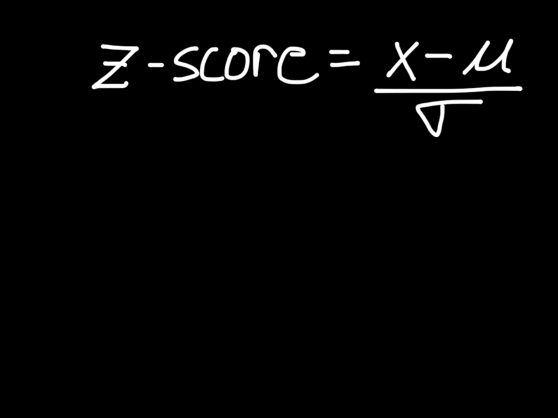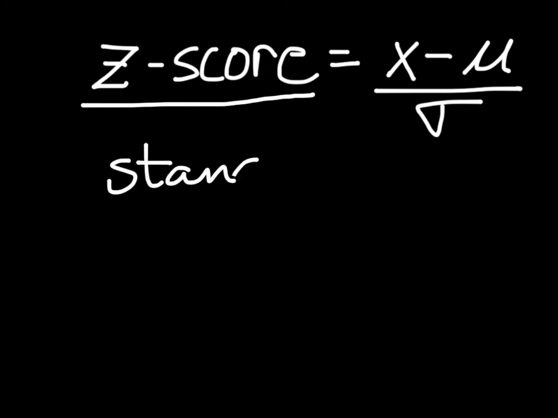Last thing I want to talk about on this video is a review from last semester, and it is, what is a z-score? A z-score is a standardized numerical value that converts any normal set of data, any set of data that makes a normal distribution, and converts it to a standard normal.